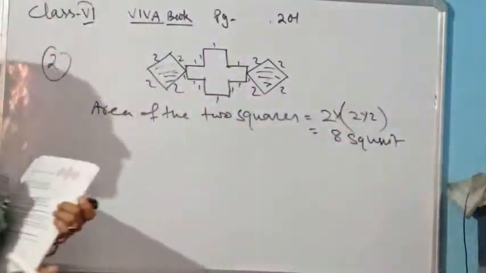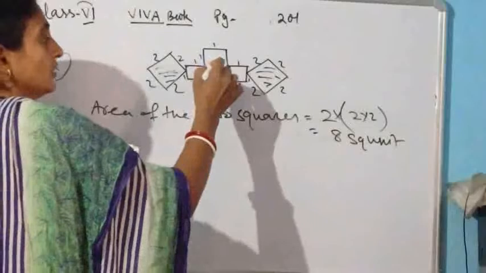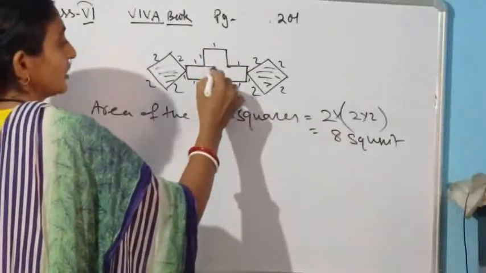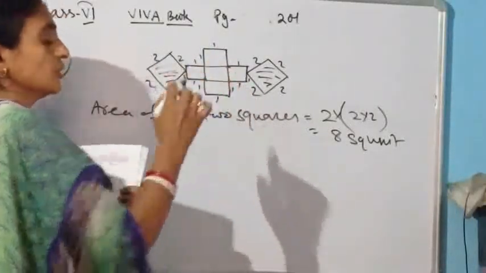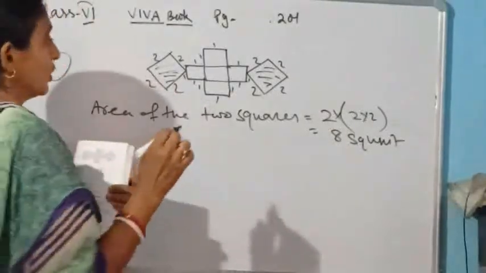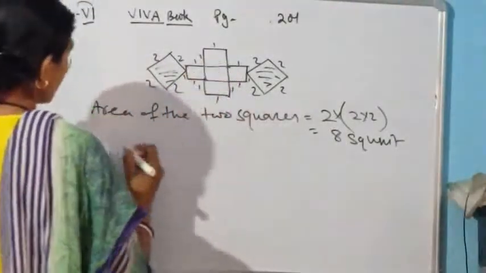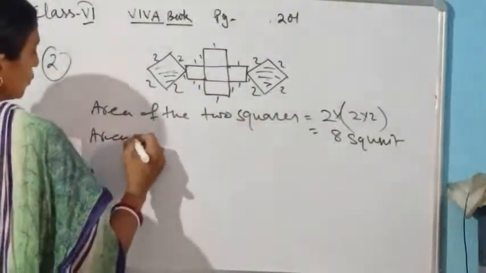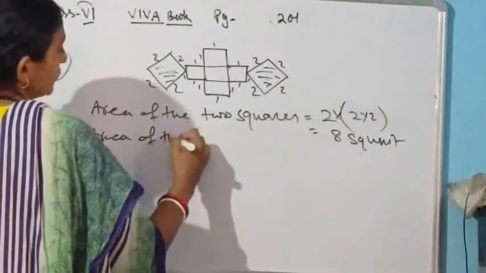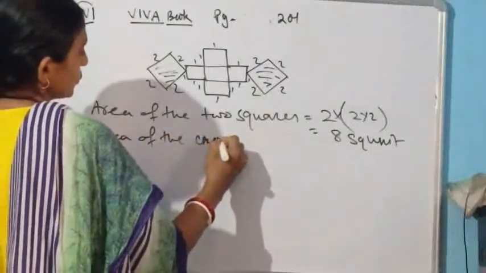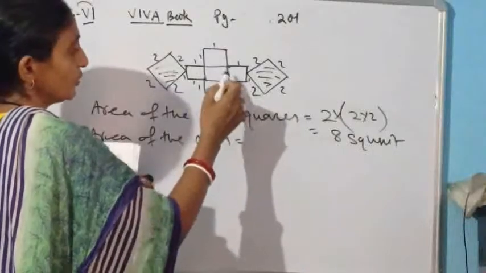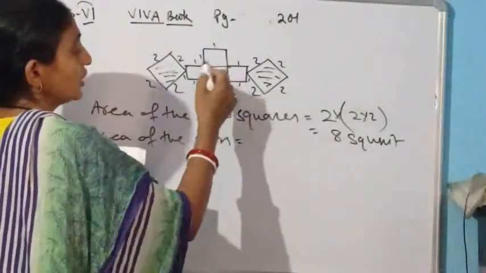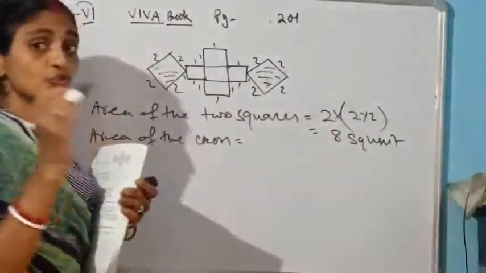Okay, now come to the cross that has been given here. Now I am going to divide this into small squares. What will be the area of this cross? Here the cross has been divided, you can see, into 5 equal-sized small squares.